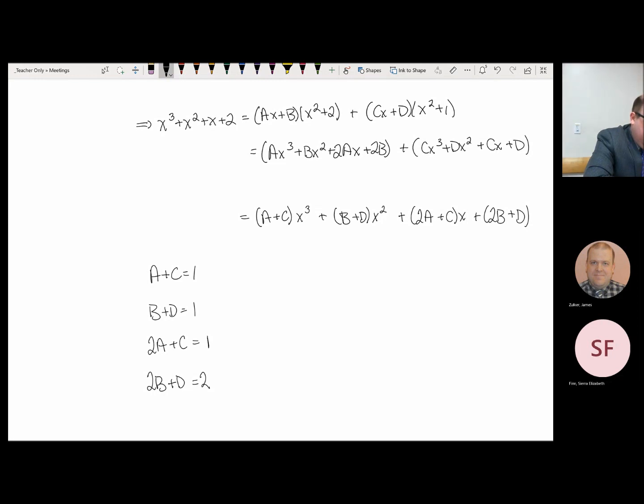And then C has to be 1. So 1x cubed. And then I guess we see B makes a difference, so B is 1 and D is 0. Well, D can't be 1. I said D is 0, but B is 1. You could argue that way. That's fine, as long as you get the right answer.